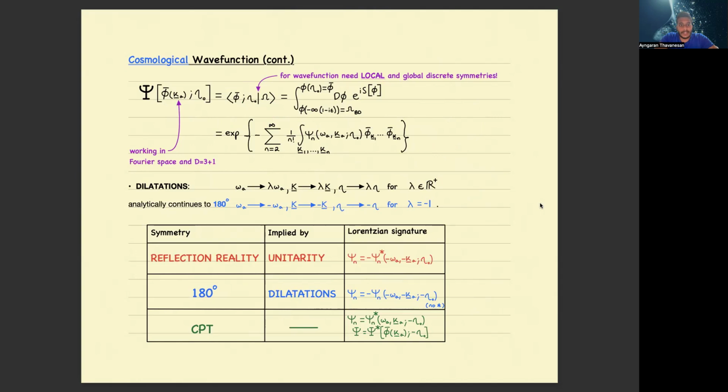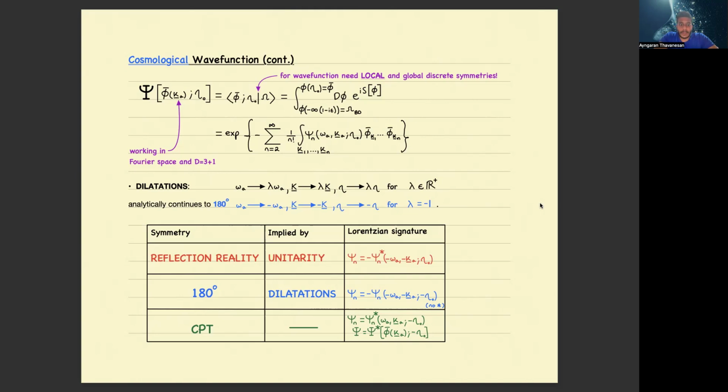And these then lead to very important fundamental discrete symmetries which hold non-perturbatively and constrain the wave function in this particular way. Of particular importance is that the magnitude actually gets flipped in the discrete symmetries of reflection reality and the 180 rotation, which is analogous to how CPT relates a particle of positive energy to a particle of negative energy in flat space.